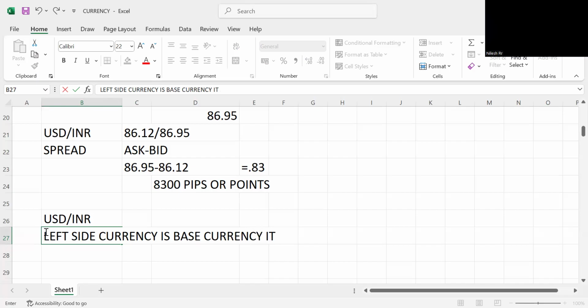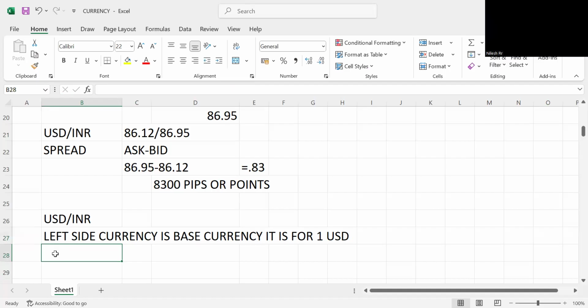It is for 1 USD. That's why it is a base currency. Base can be 1, 10, 100, like that. So 1 USD is how many INR? So 1 USD will be constant always, but INR will vary.